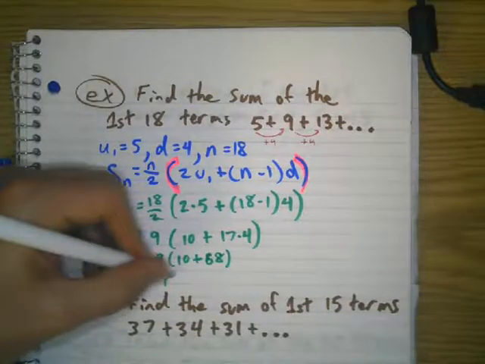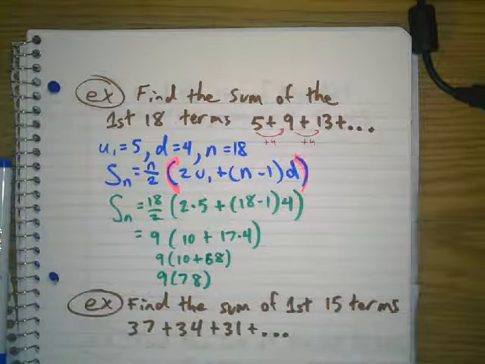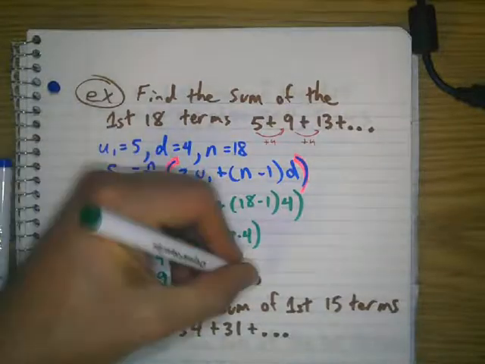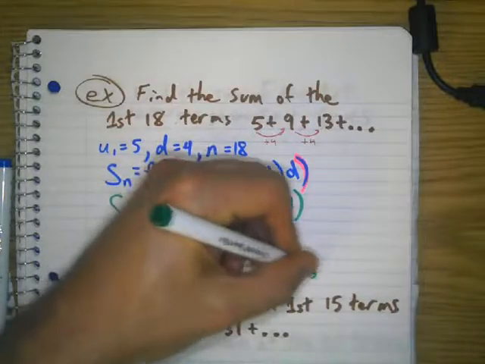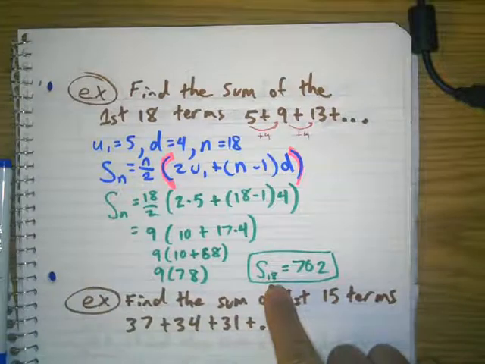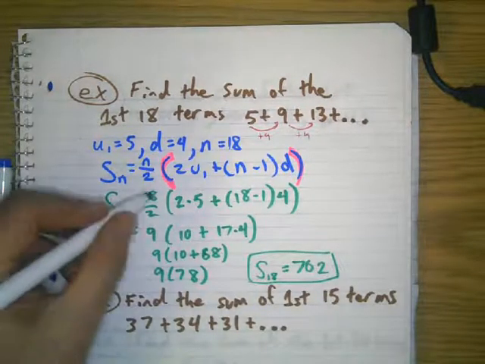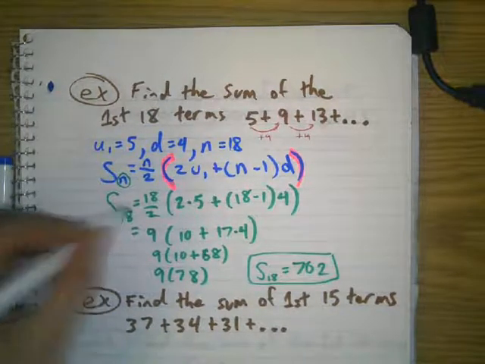So 9 times 78, and we get 702. Okay, and I'm going to write a little 18 here because it's the sum of the first 18 terms, and we used 18 in place of n.